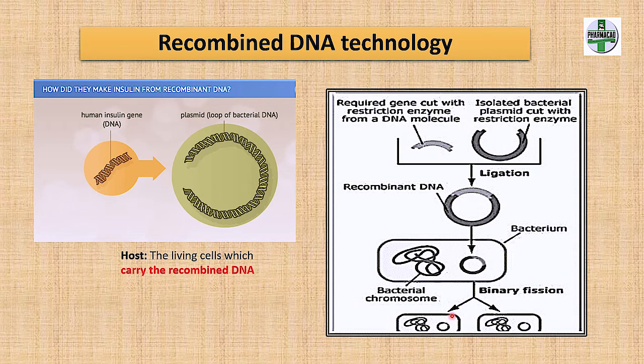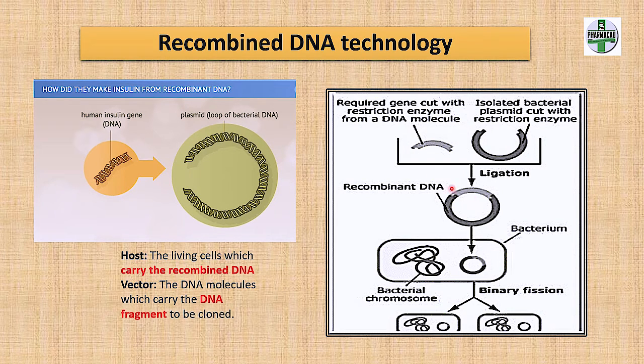Now, the host is an organism which will carry this recombinant DNA. In this case, the bacterium is the host, while this circular portion is called the vector. In simple words, a vector is a DNA molecule which will carry our DNA, that is, our gene of interest.